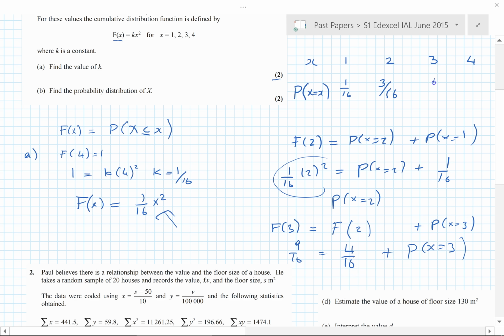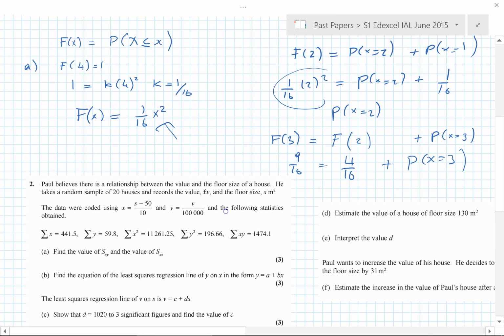The difference between those two is 5 over 16. Of course all of these add up to 1, so we don't need to make a fuss of the last one, which is 7 over 16.